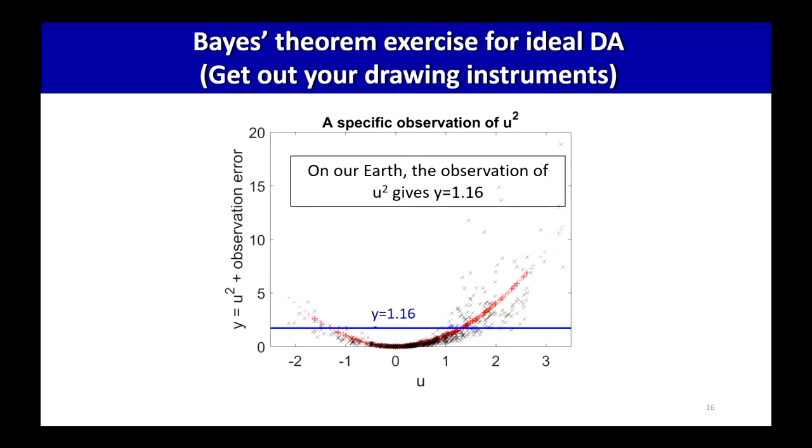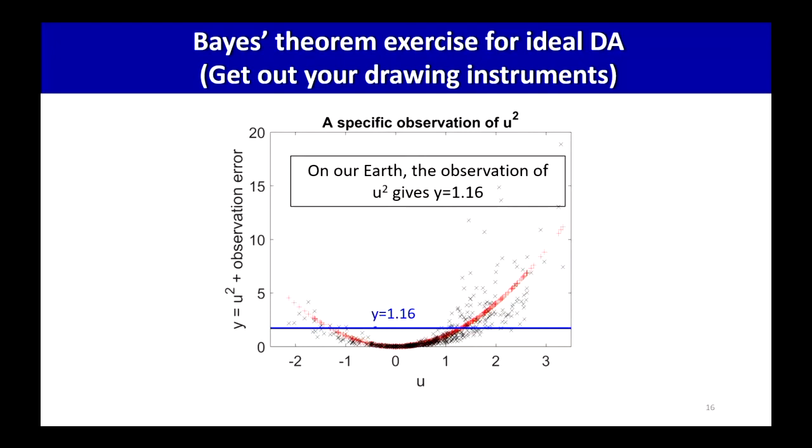One of those black dots, I'll just point at that one there, has a u value and a y value. It's just 2 numbers. So y is the observation and u is the true value. That's it.